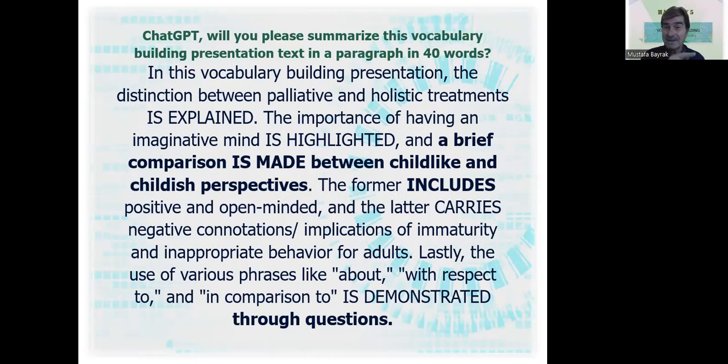The former, the childlike perspective, includes positive and open-minded qualities, and the latter, the childish perspective, carries negative connotations or implications of immaturity and inappropriate behavior for adults. Lastly, the use of various phrases like about, with respect to, and in comparison to is demonstrated by means of questions.